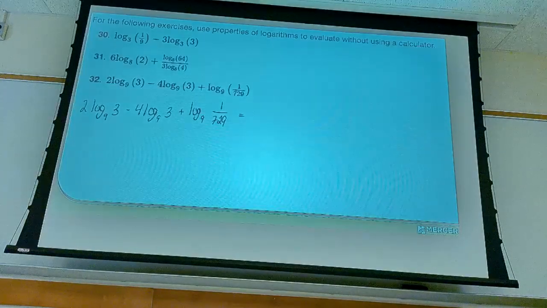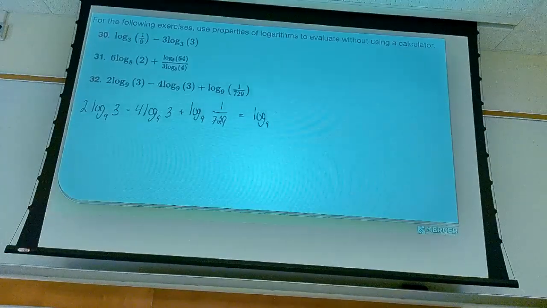Wait, so could you realistically do log base 9 of 3 to the 2nd power? That's what I just wrote out, right? Log base 9 of 3 squared. What's 3 squared?